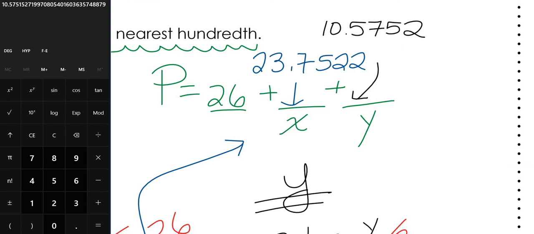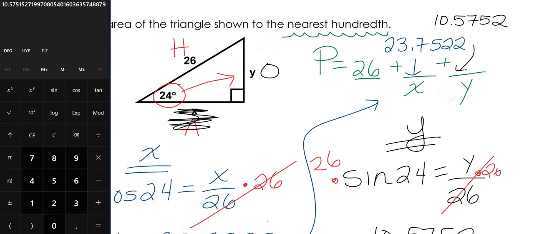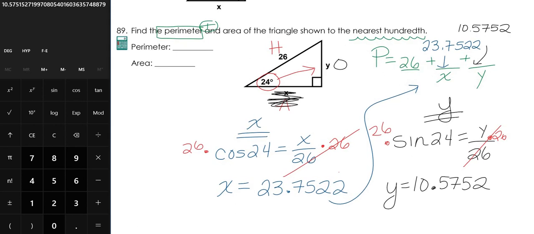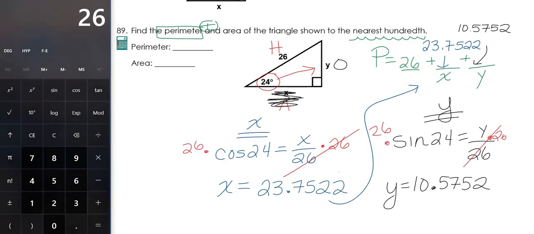Okay, so now that I have all three side lengths, I'm going to go ahead and add them together in order to get the perimeter. So in my calculator, 26 plus 23.7522 plus 10.5752 equals. Okay, so that's the answer for my perimeter.